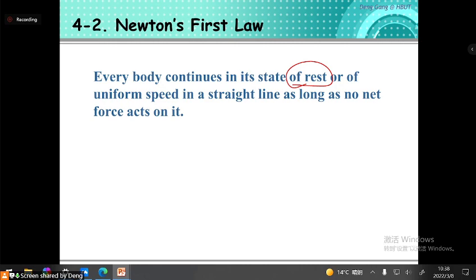So Galileo carried out an experiment to show the others that if there's no friction, it can keep moving.